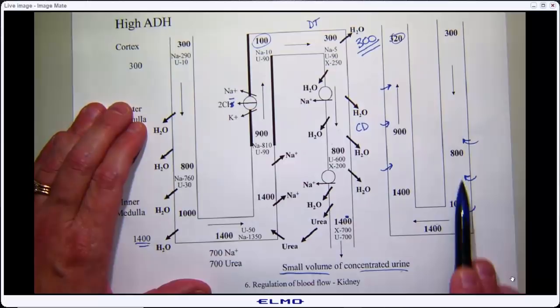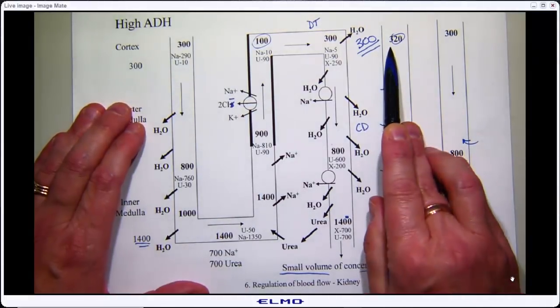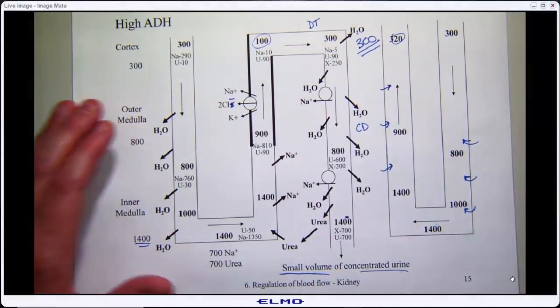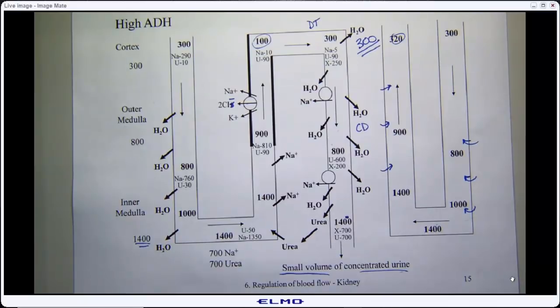Slowing the vasorecta down removed less solute, so it's in the medullary space. So by vasoconstricting those afferents, the tube was able to concentrate the medullary space. We now have more solutes in that medullary space. It's now more concentrated, okay?